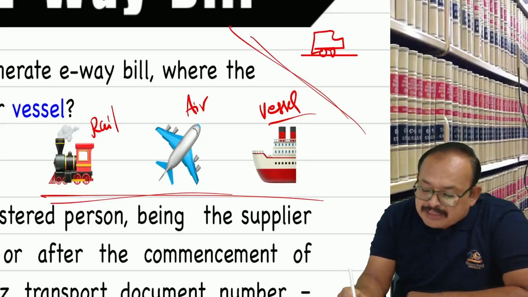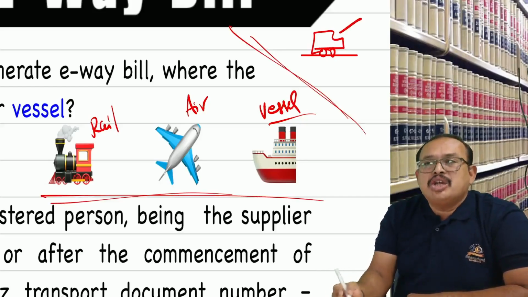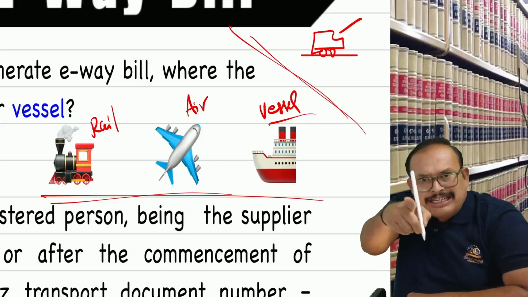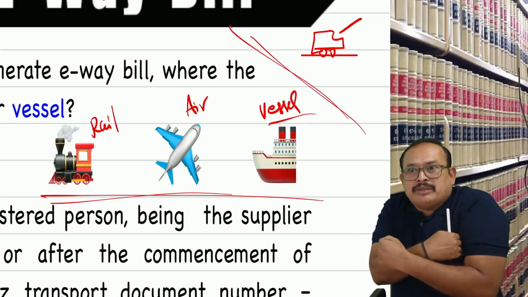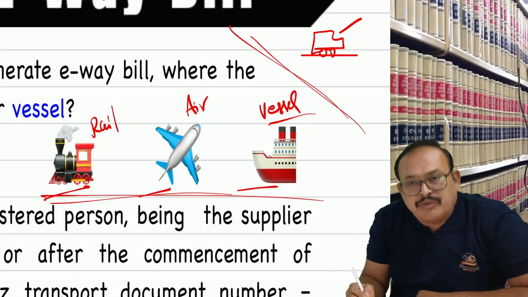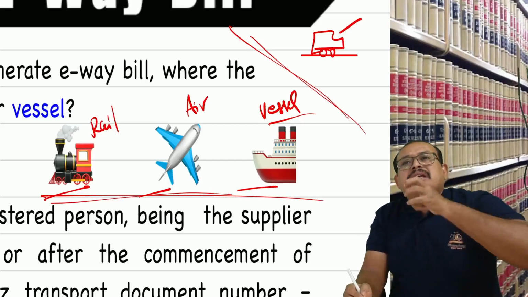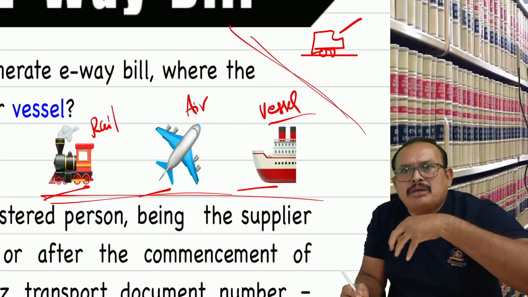If the goods are transported by vehicle, the transporter has to carry EWB-01 along with the goods. Whereas by rail, by aircraft, through vessel, the e-way bill is not required to accompany the transport.